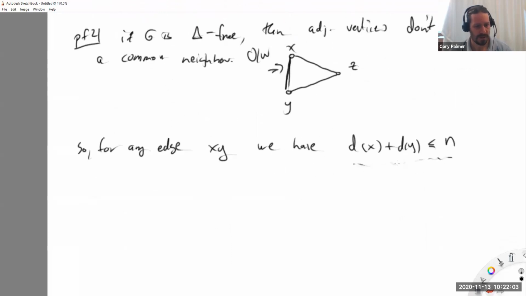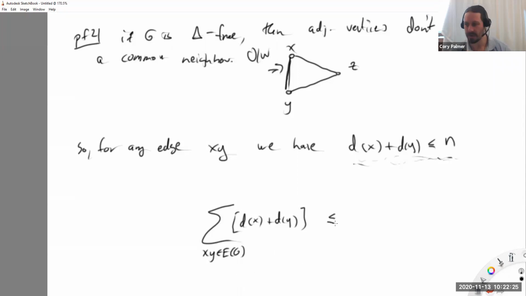Okay, so let's take this inequality and sum it over every single possible edge in the graph. So for every edge xy in G, let's compute d of x plus d of y. We know this is true for every xy that's an edge, so just compute the sum over everything. So this is bounded above by what?